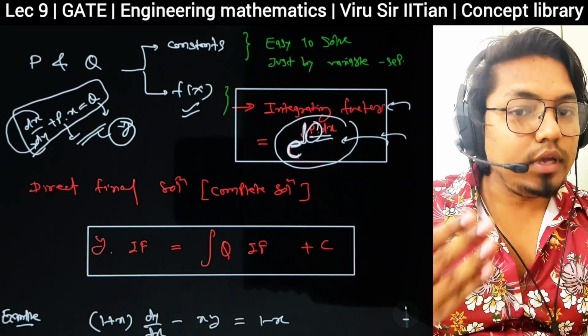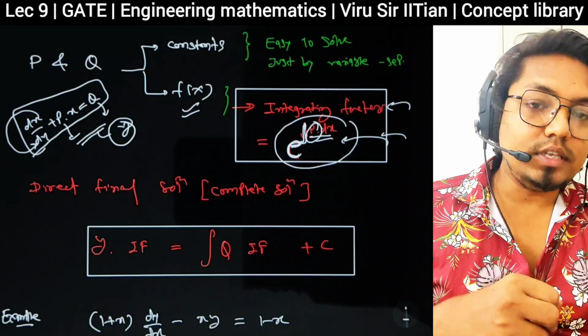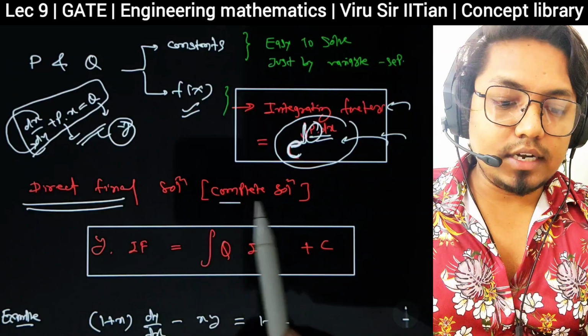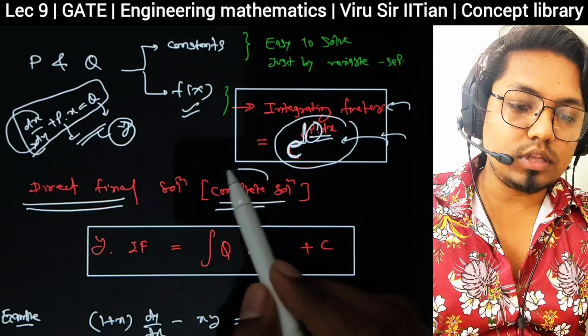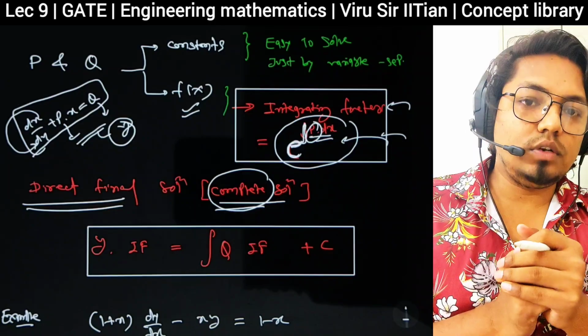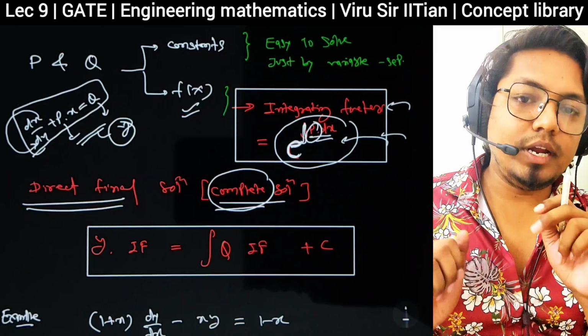You already know what kind of solution you are going to get. This is the direct final solution, known as the complete solution. Why am I using the word complete solution? Because in upcoming lectures I will tell you that we are going to see two types of solution, and if you add both, you will get the complete solution.